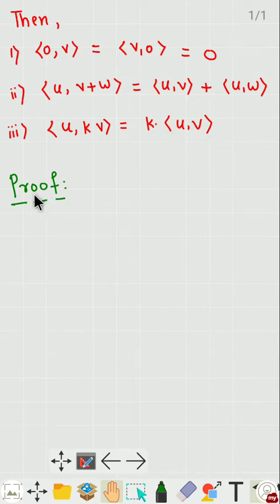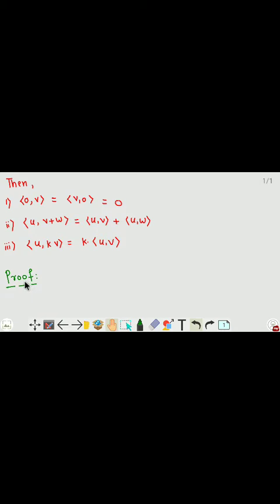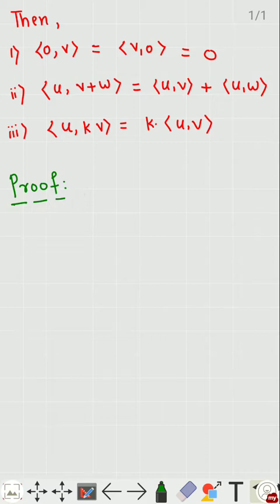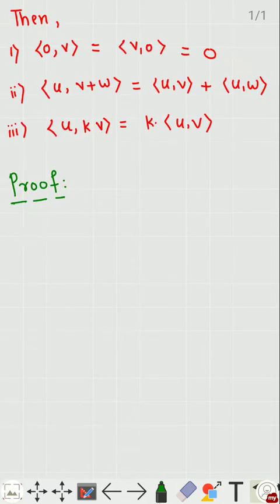Okay, so let us try to prove. So let us prove now. Consider the first case. The inner product of 0 vector with vector v is the same as the inner product of, since 0 vector plus 0 vector is a 0 vector, 0 vector plus 0 vector with v.